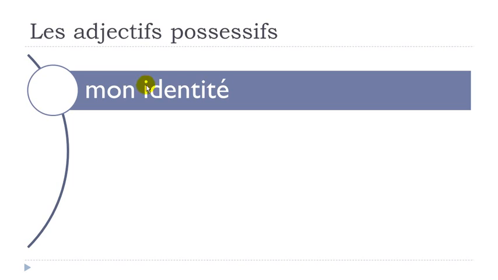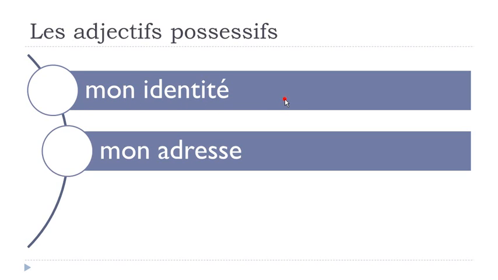So for that reason, we put the masculine adjectif possessif. So remember, with feminine words that start with a vowel like I here, identité, you will have to use les adjectifs possessifs masculins, so the masculine form. So it goes like mon identité, my identity, mon identité.